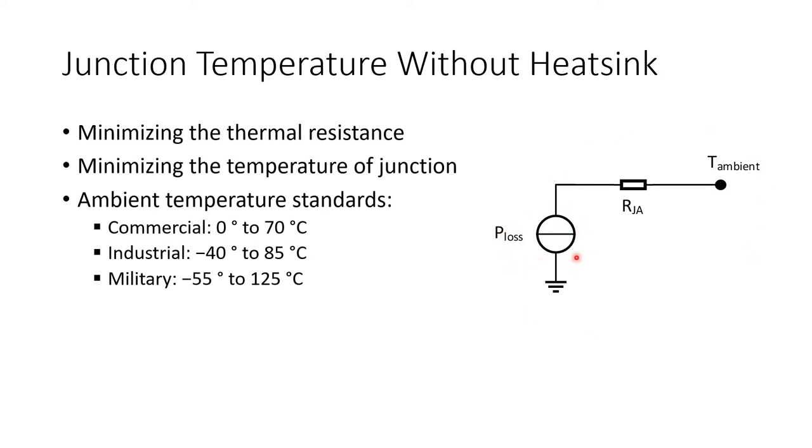The thermal model of the system is given on the right-hand side. We have a heat source, which is the total of the conduction and switching losses. We have a junction to ambient thermal resistance, and we have the ambient temperature, which changes depending upon the temperature standards that you are going to use. There are different standards for different applications. For commercial applications, the ambient temperature can be chosen between 0 and 70 Celsius.